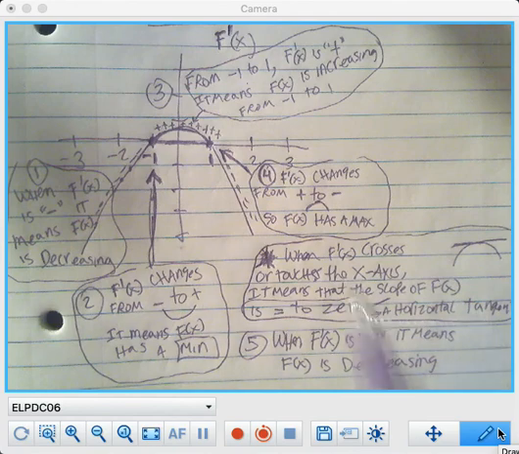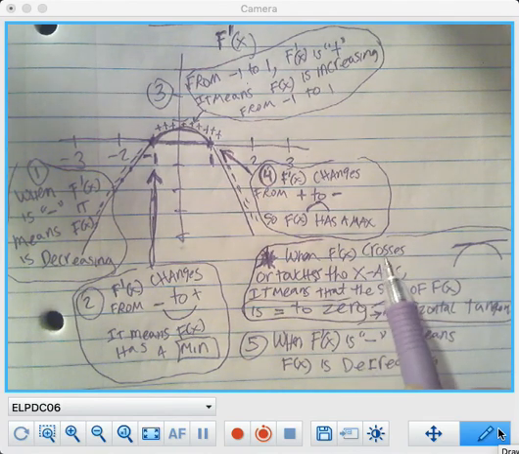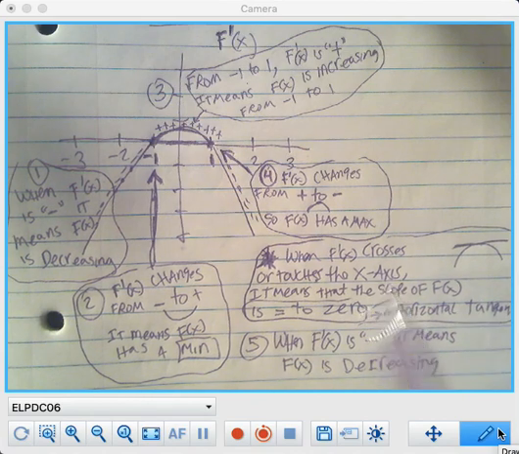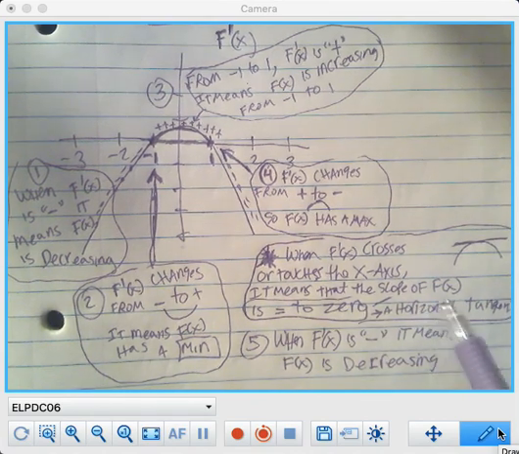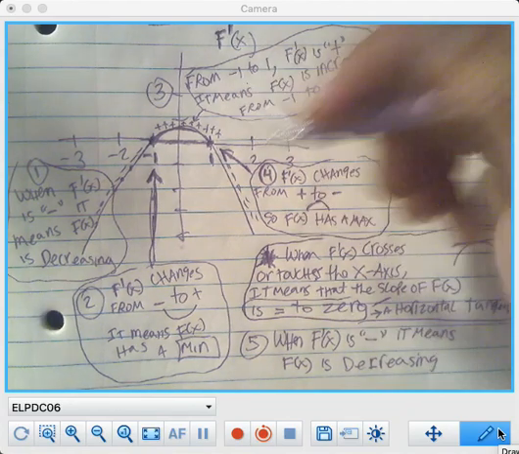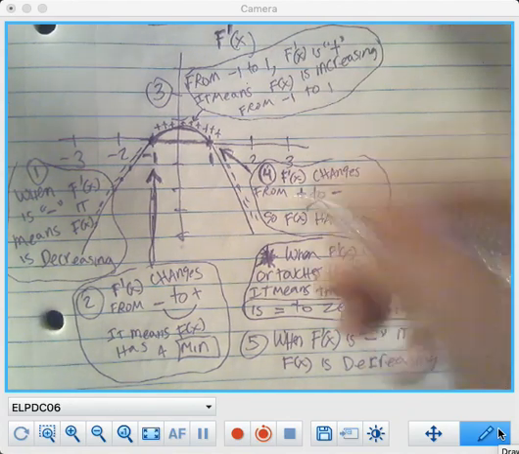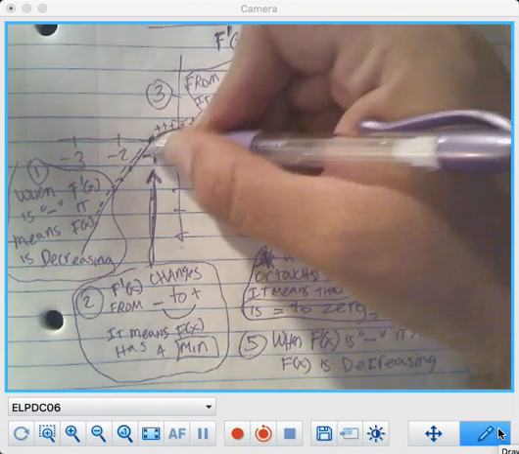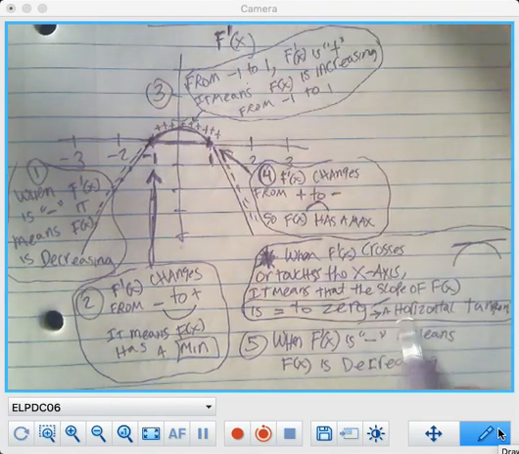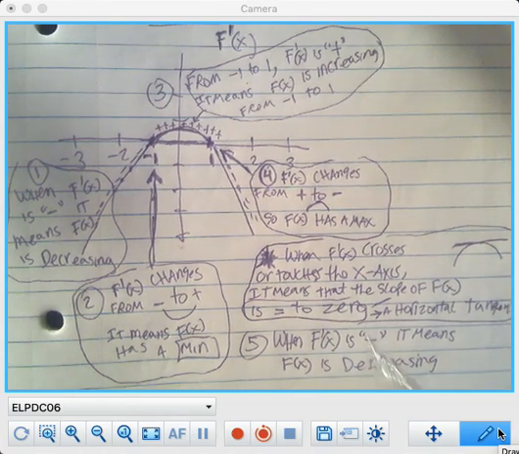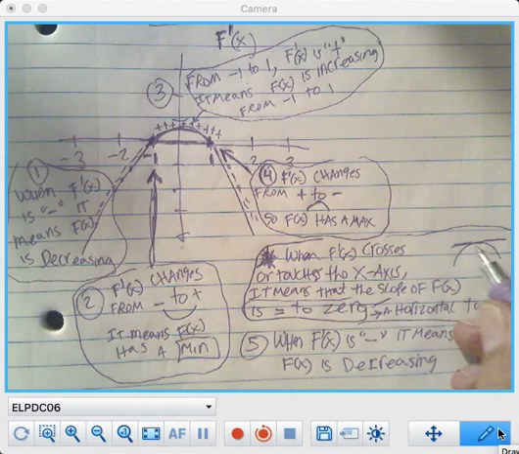I have that when f prime crosses or touches the x-axis, it means that the slope of f of x is equal to 0. Here we crossed it and here we crossed it. That means the slope of f of x is equal to 0, or a horizontal tangent like I have it here.